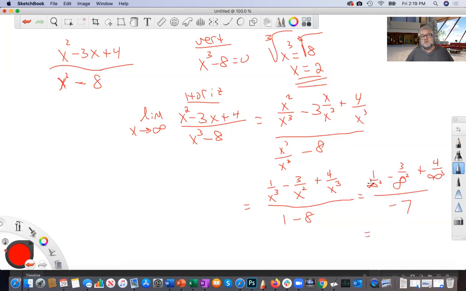Now we get rid of the zeros. 1 over infinity cubed is 0. 3 over infinity squared is 0. 4 over infinity cubed is 0, over minus 7. What's this number? Is this a real number? Does it exist? Yeah, it's 0 over negative 7. That's just 0. So the horizontal asymptote occurs at y equals 0.